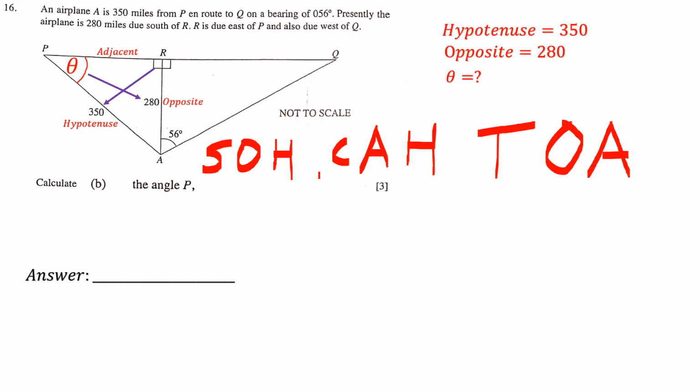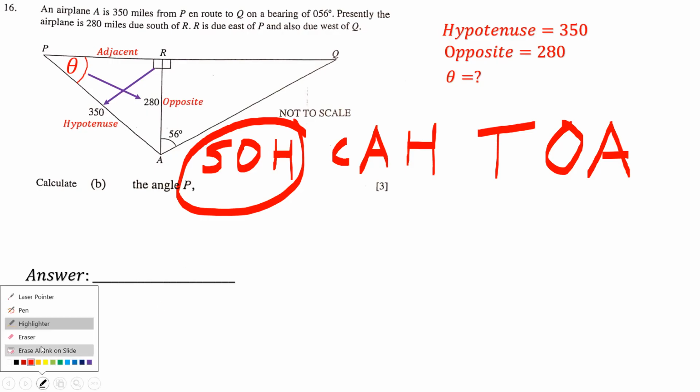But here we want to use the sine because we have opposite and hypotenuse. That's the one that we're using. We have the hypotenuse and we have the opposite, but we're trying to find the given angle. So we can use the sine ratio because we have these two, the opposite and hypotenuse, and we're just trying to find the given angle. And so let's use the sine ratio for this one.